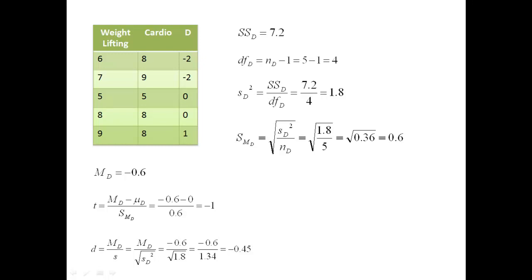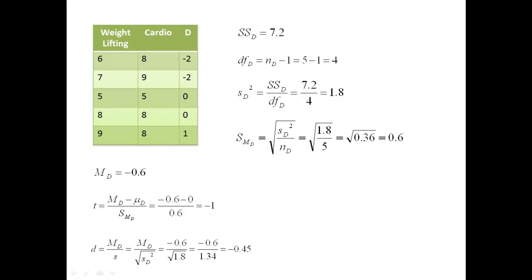Another thing that I want to point out that can be a little bit tricky about a dependent samples t-test is you have two different d's. You have the capital D, which stands for the D score, and you have the lowercase d, which stands for Cohen's d, and is your measure of effect size. You don't really need to worry about the D score, the capital D, when you're reporting things, because you're only using that when you're calculating the t-test.